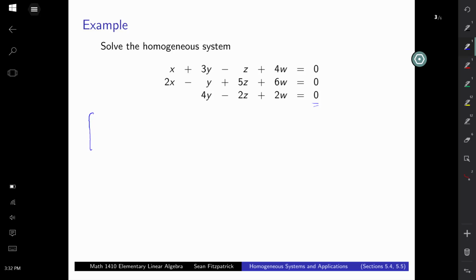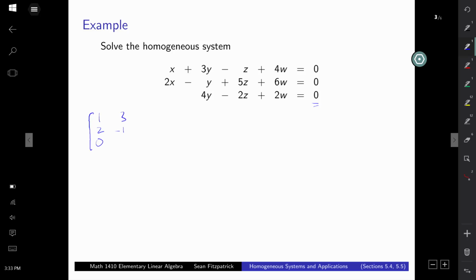A unique solution corresponds to a leading one in each one of the variable columns, right? We'd have to have a leading one in the x column, in the y column, z column, w column. We've seen that that's how it works with a unique solution. Every column gets a leading one. Well, there are more columns than rows, and every leading one lands in a row, so we can't possibly have a leading one in every column.